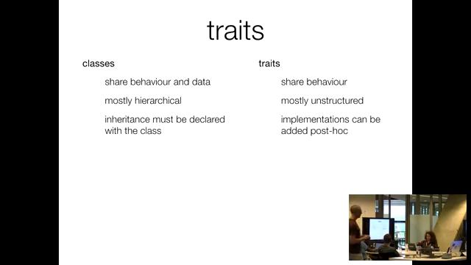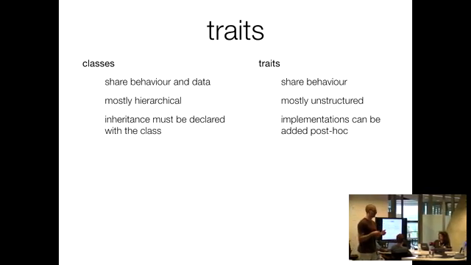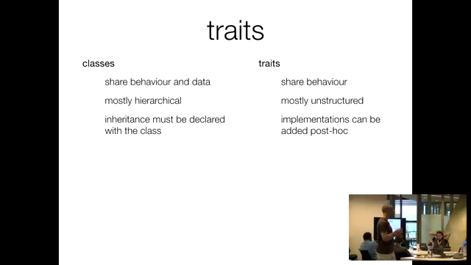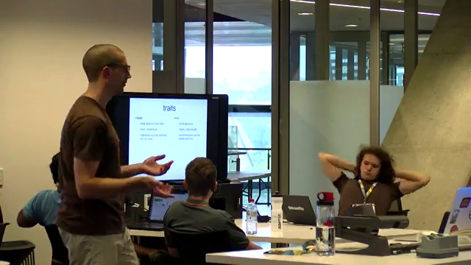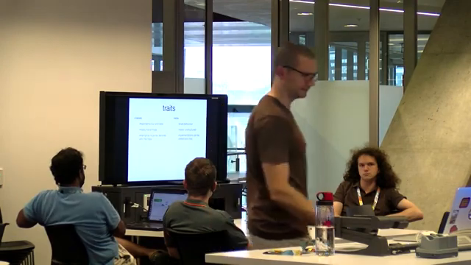And so that means that you can implement a trait for data types that are in any of your dependency libraries or even in the standard library. So it's quite common that I write my own trait in my code and then I can implement that for the integer types and for string and so forth. So all these things together basically make traits a much more flexible sharing mechanism than classes.